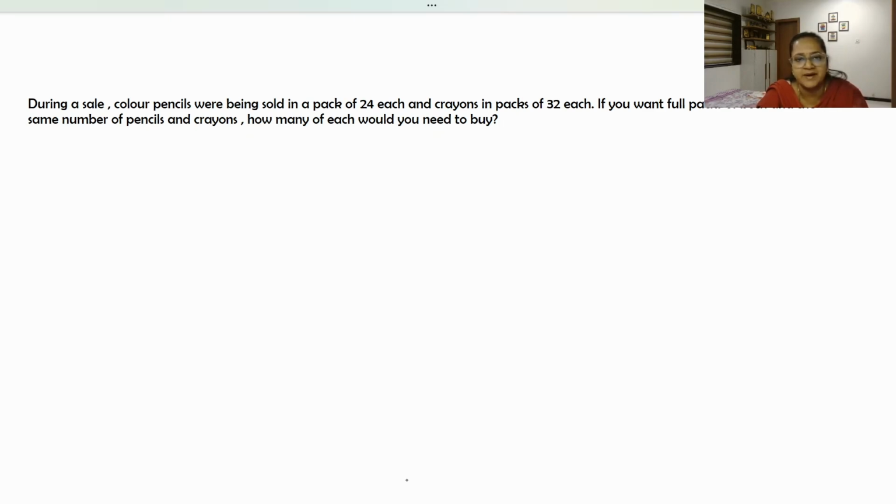So it cannot happen that you buy one pack of pencils, getting 24, and one pack of crayons, 32, since the quantity is not going to be the same. So you will have to take more packs, and the quantity will increase. So what are you going to do over here? You're going to find out the HCF or LCM. Definitely you're going to go with LCM, right? So I hope you can try this question.